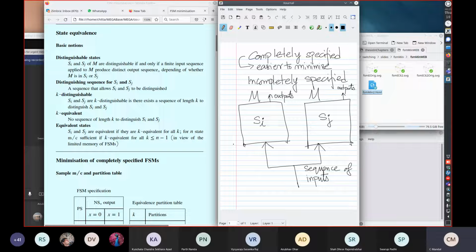That is the idea of distinguishable states, and the sequence which allows you to distinguish between them is a distinguishing sequence for that pair of states.